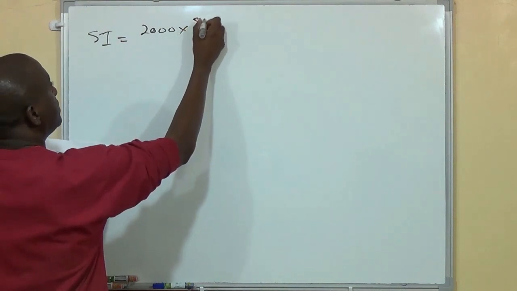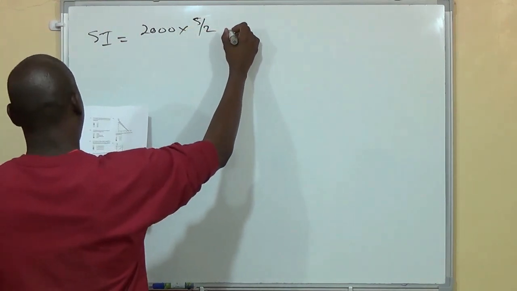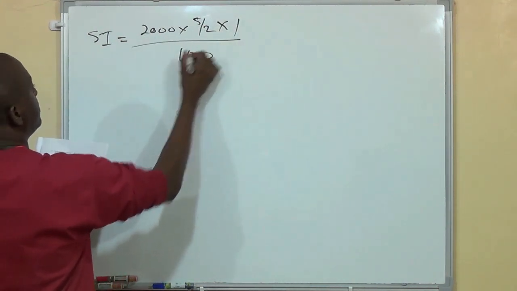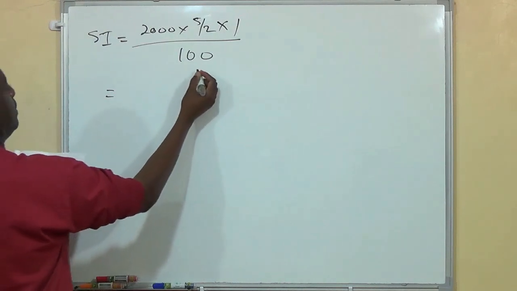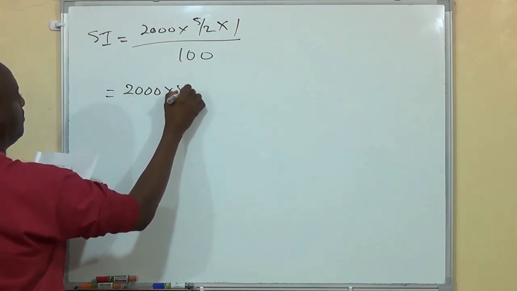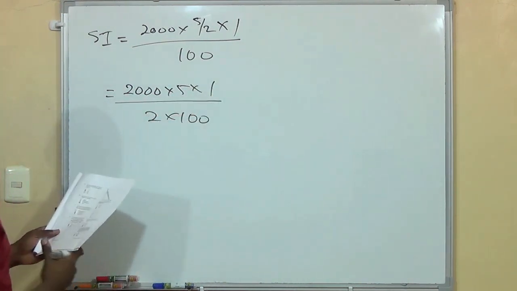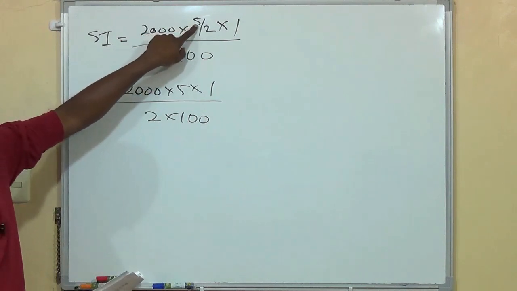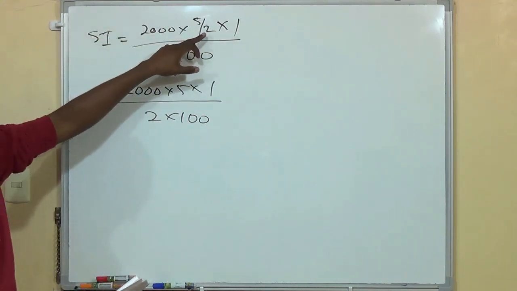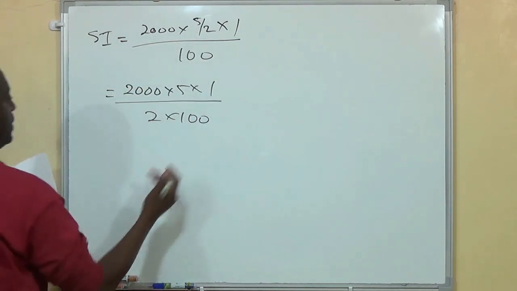Principal by rate, 2.5 is the same thing as 5 over 2, by time. We want the annual interest, so your time is 1, all over 100. Now in a case like this, you could say 2,000 by 5 by 1 over 2 by 100. So you put the 5 in the numerator for the whole fraction, and you take the 2 and put it in the denominator for the whole fraction as well. Now we can start to cancel.